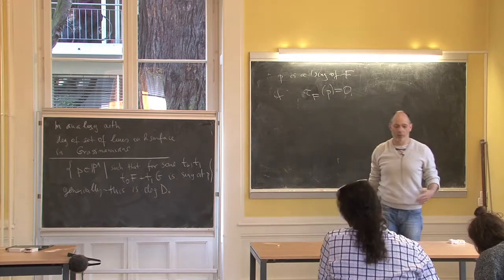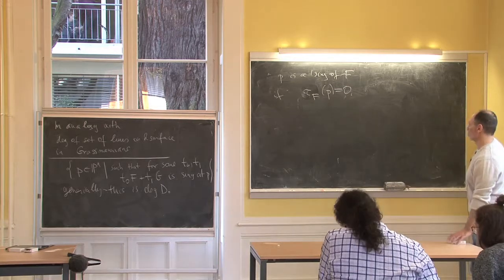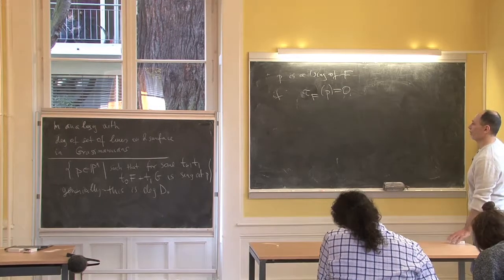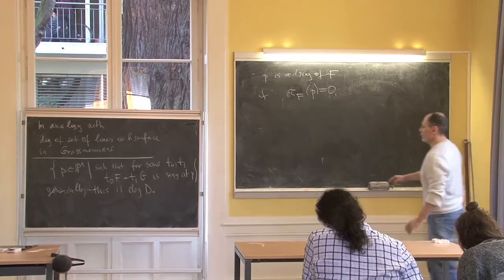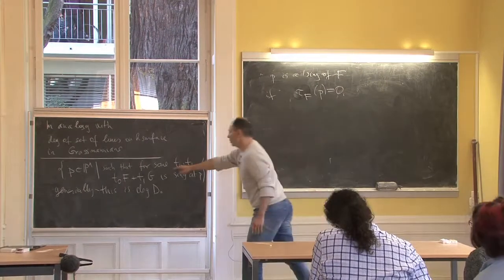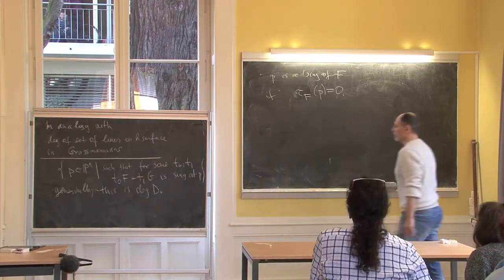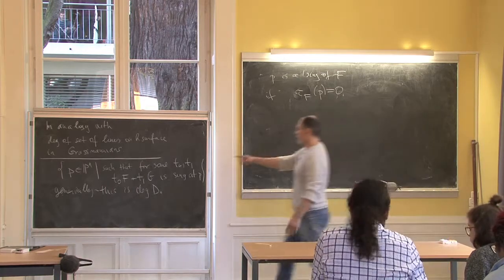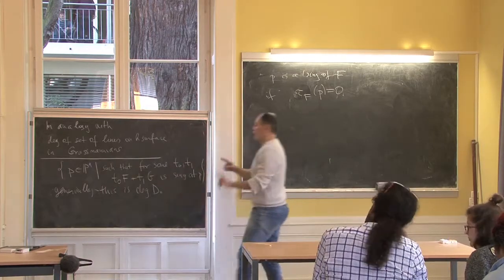Going back, what does it mean that for some T0, T1 this is true? Well, how could this happen?